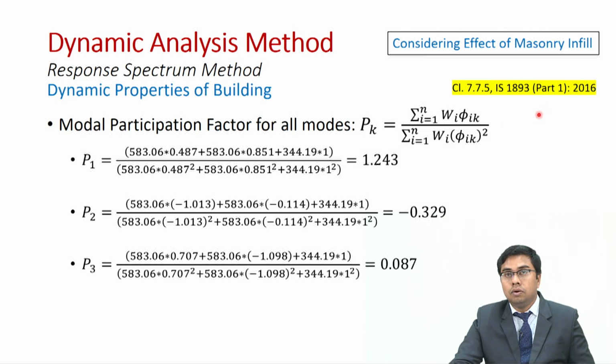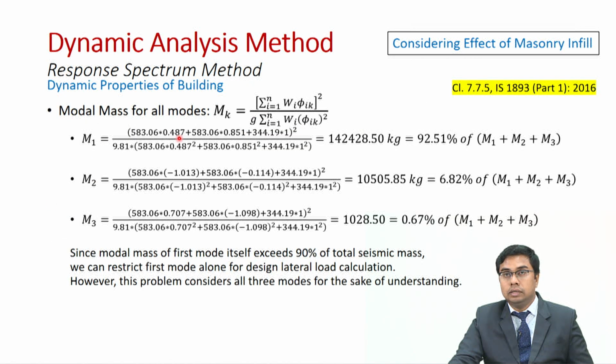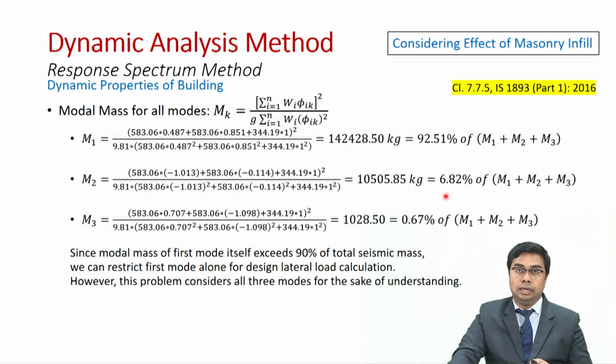After obtaining the value of P1, P2, P3, we shall obtain the value of modal mass as well, M1, M2 and M3. Again, our first mode itself contributes to 90% plus oscillation of the building, but for depiction we have taken all the three modes just for the sake of understanding.